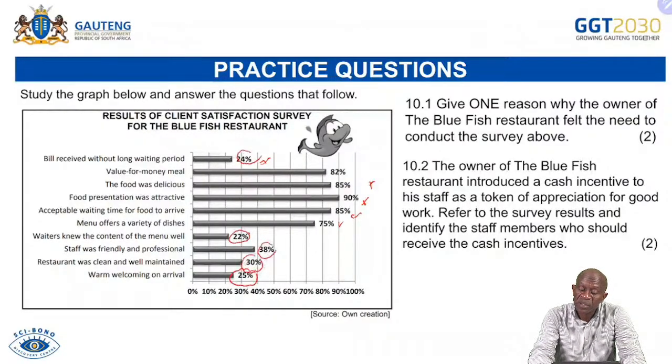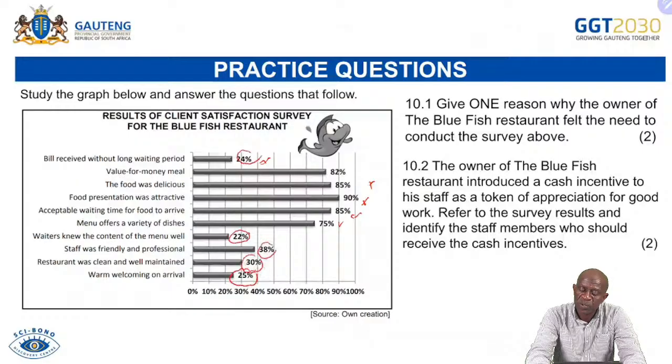Now let's go through the questions. Question 10.1, give one reason why the owner of the Bluefish restaurant felt the need to conduct the survey above.